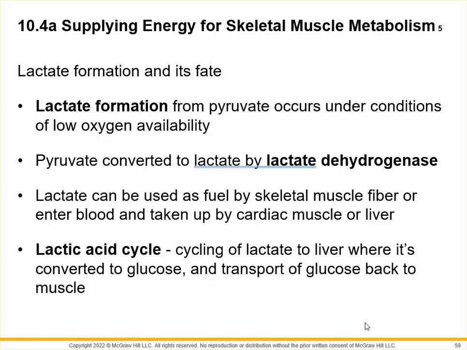Some of it is going to go into the blood and go to the liver, where it gets turned back into glucose. And then we have to transport the glucose back to the muscle. This takes a lot of time.